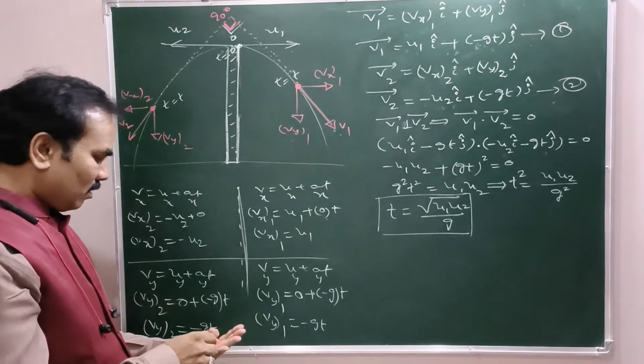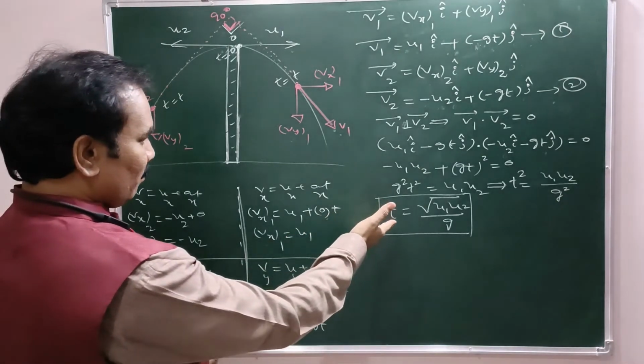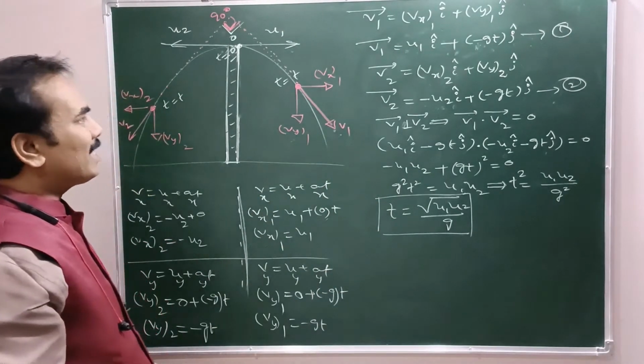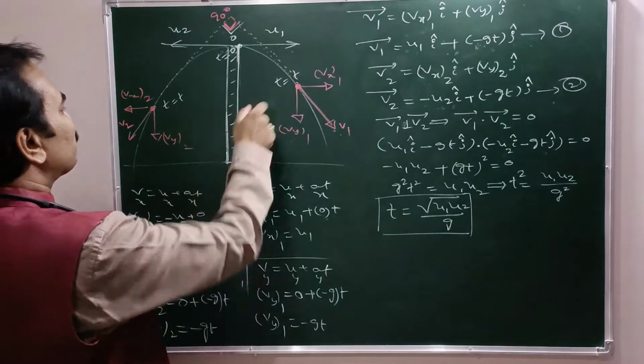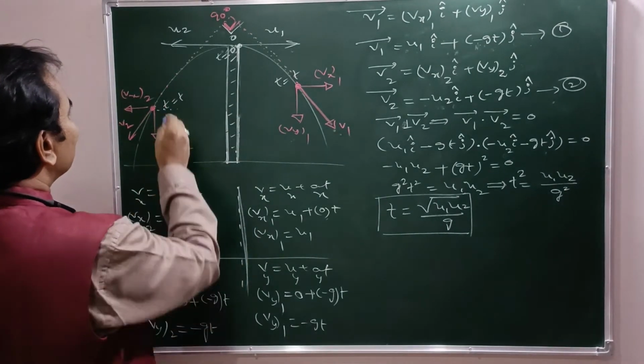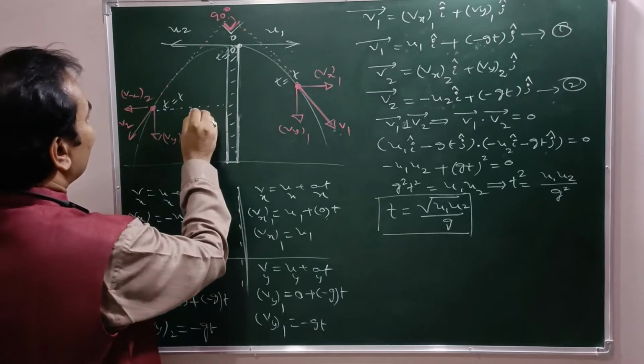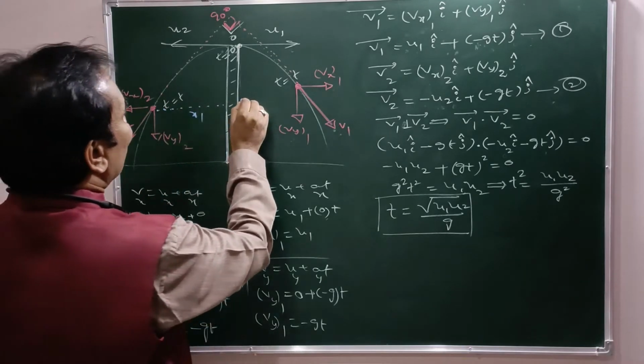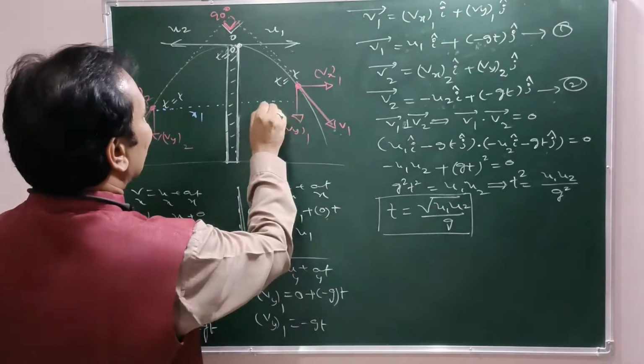Now, by that instant, what is the separation between these two projectiles? What is the separation here? Suppose the distance from here to there is x1, and here the distance is x2.